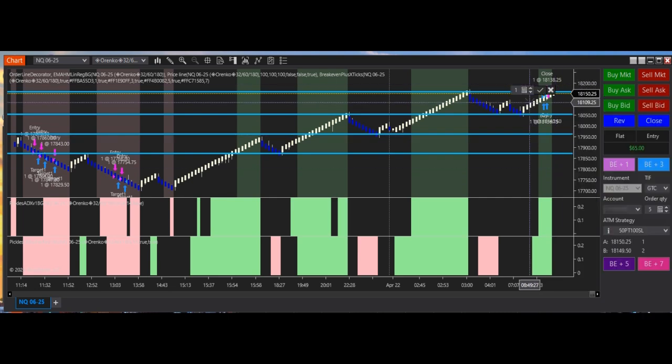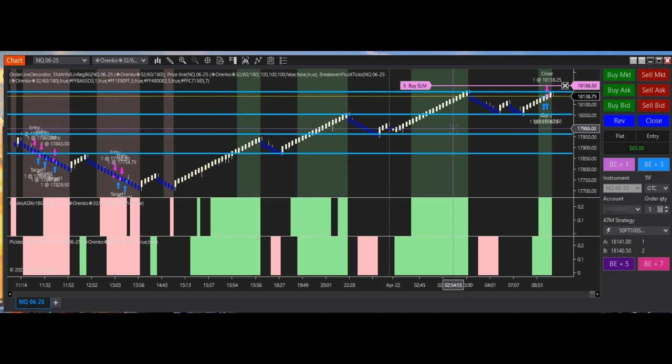I have a meeting at 9:30, so what I am going to do is set a buy limit order above the resistance line. The reason why I did that, number one, my indicators do show momentum and trend strength. You can see that I have all light green. It's showing that I should enter into a buy order.